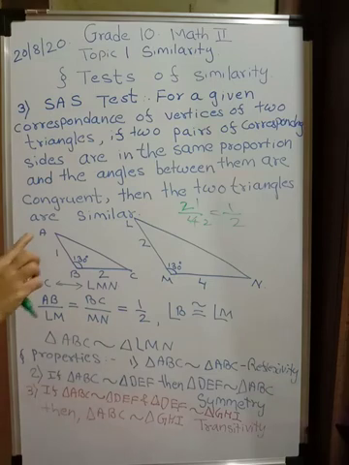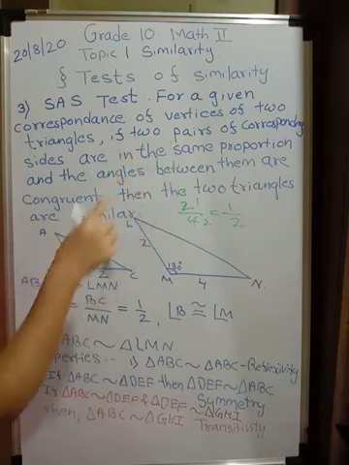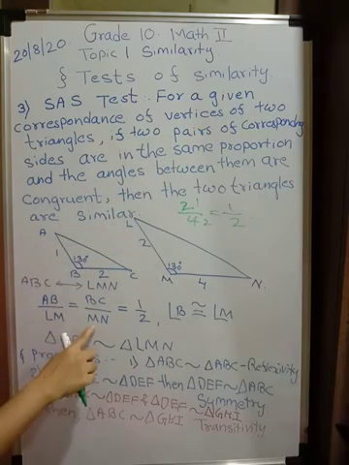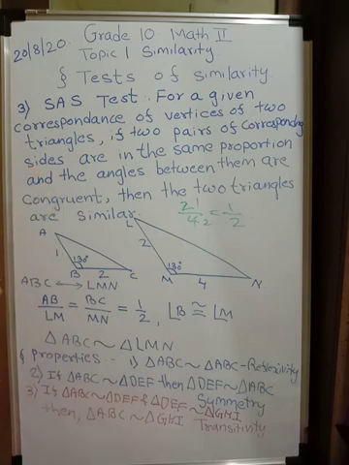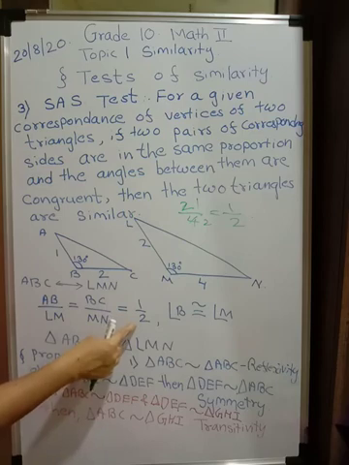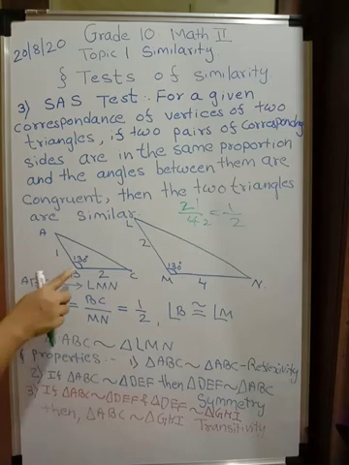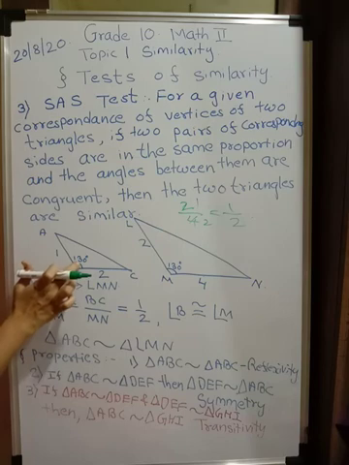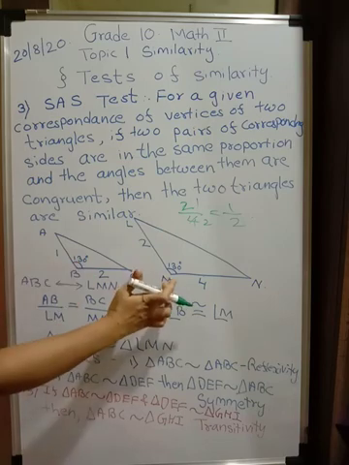And that is why it is said that if two pairs of corresponding sides are in the same proportion, one pair is this, another pair is this, it means both have ratio 1:2 or 1/2. That is to say that their proportion is the same. And which angle do you have to consider? In between which two sides we are considering, which angle is coming in between that? Angle B over here, angle M over here.